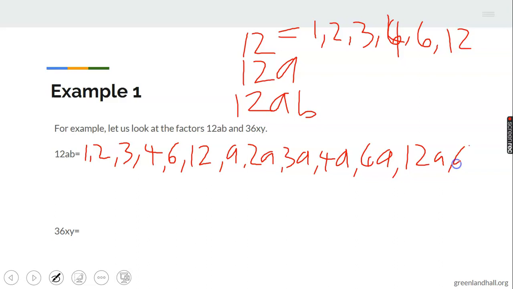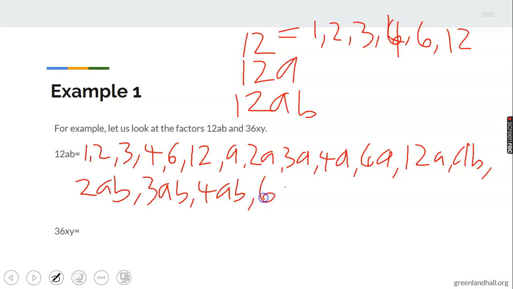Then we have ab, 2ab, 3ab, 4ab, 6ab, and 12ab. Correct.